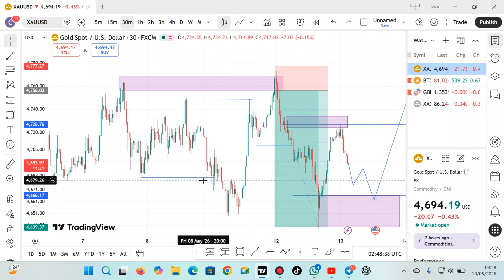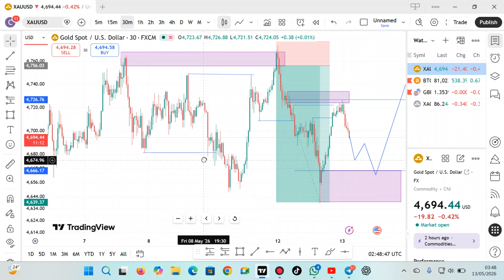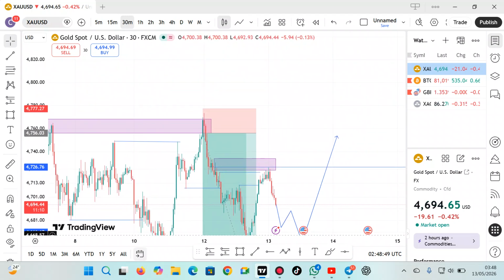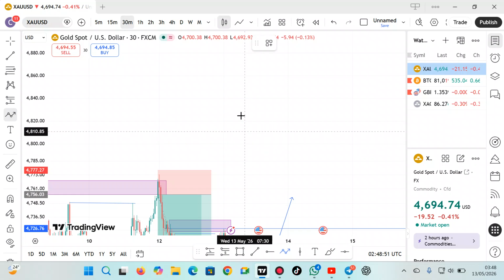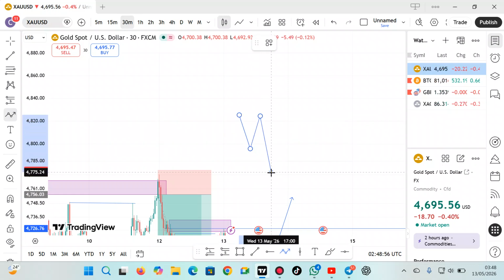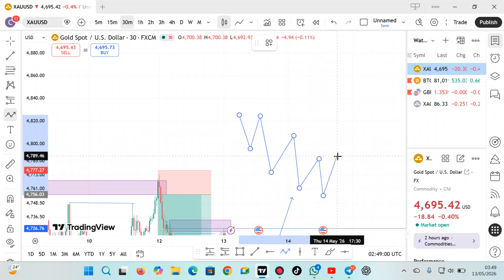So that is very, very important for you to know market direction. If the market is selling, for you to know that it is selling, it has to be breaking structure to the downside like this. You see, what is it doing? It's breaking the structure it's creating to the downside.